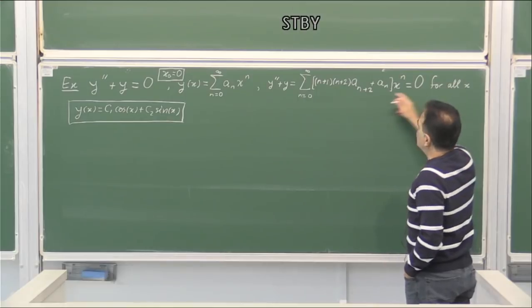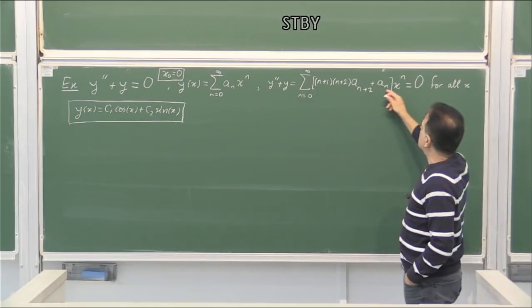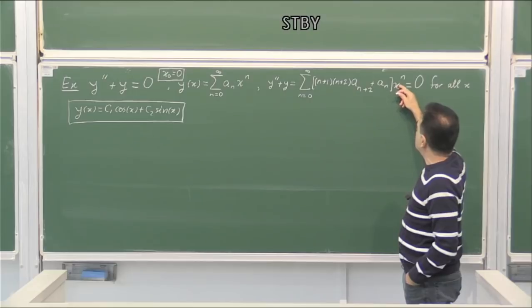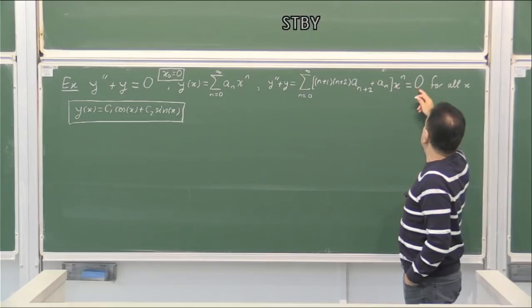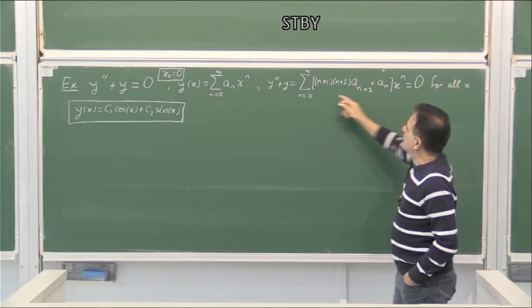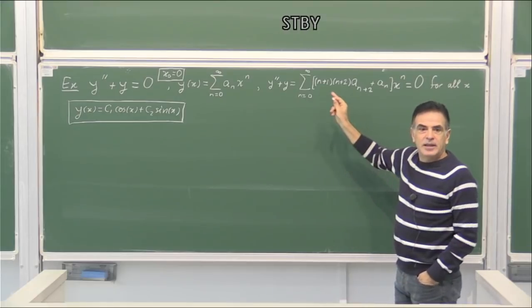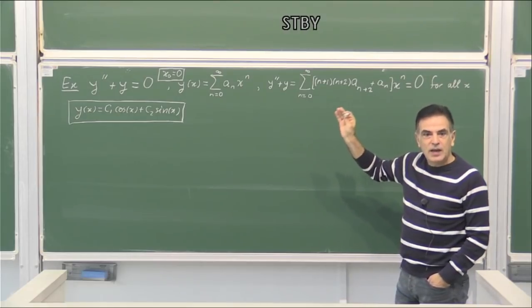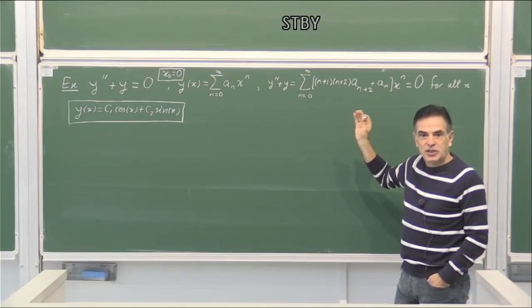And therefore, for this series of ascending powers of x to be 0 for all x, we have to equate the coefficients of like powers of x to 0.